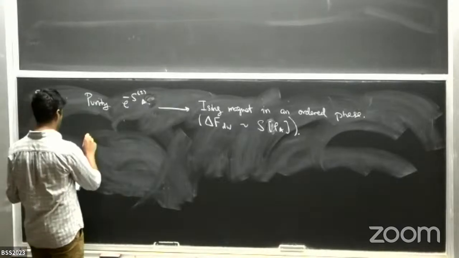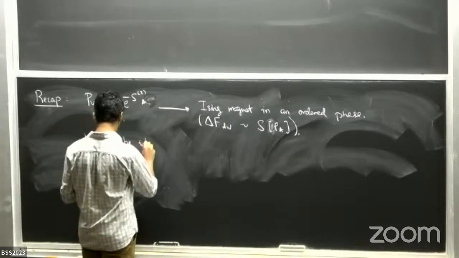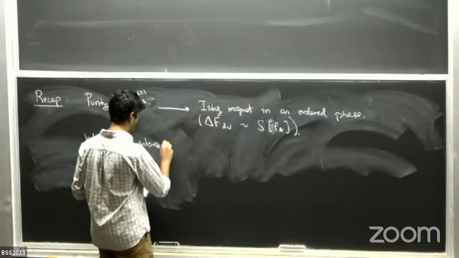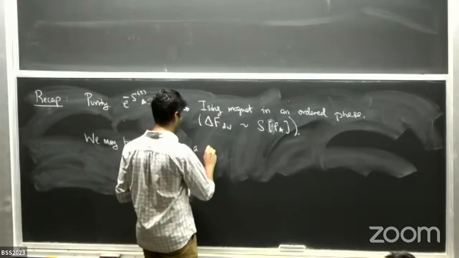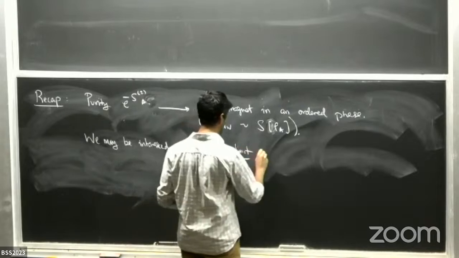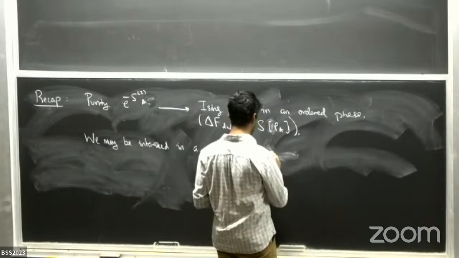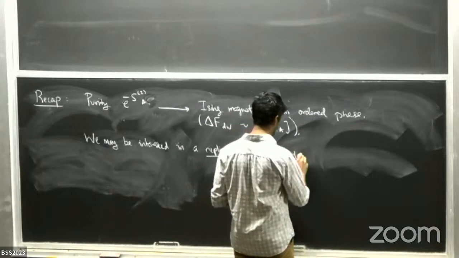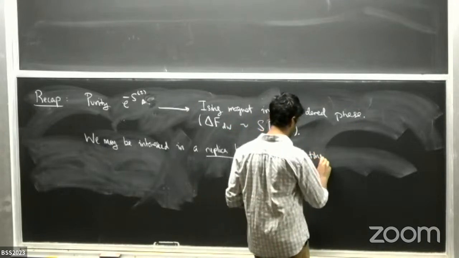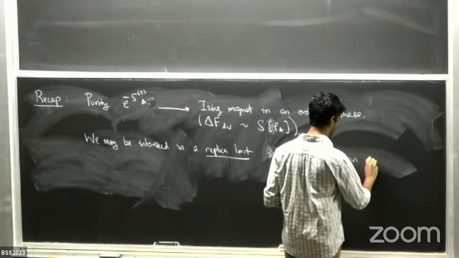So we may be interested in a limit of various quantities, a replica limit in the calculation, of certain observables, which we kind of avoided for our discussion here.